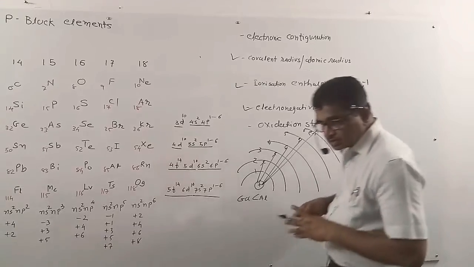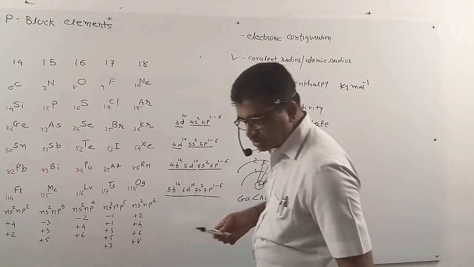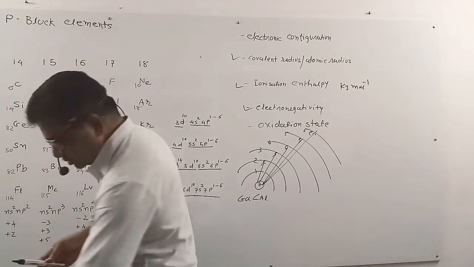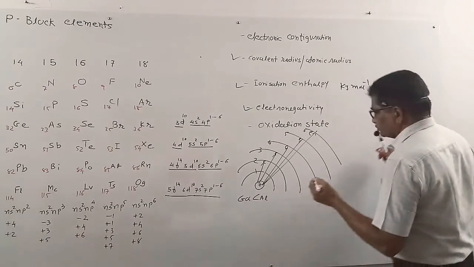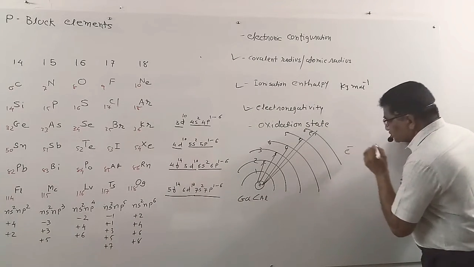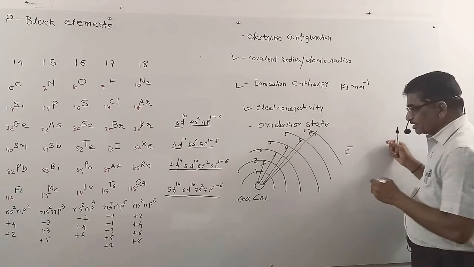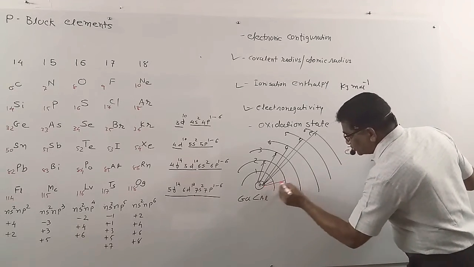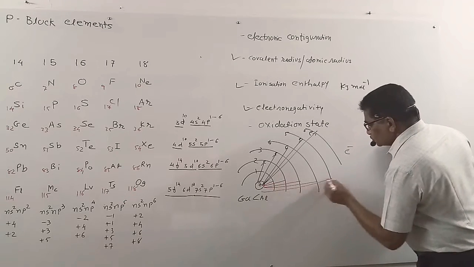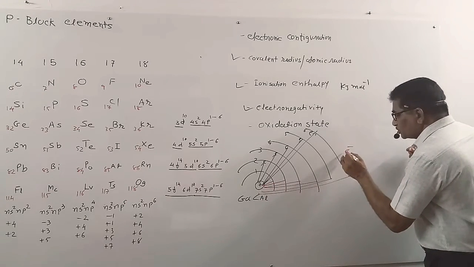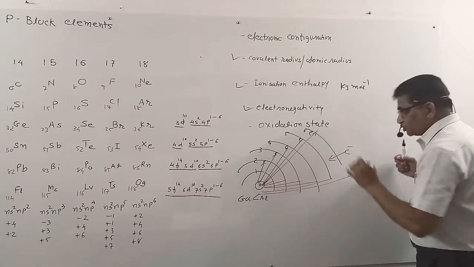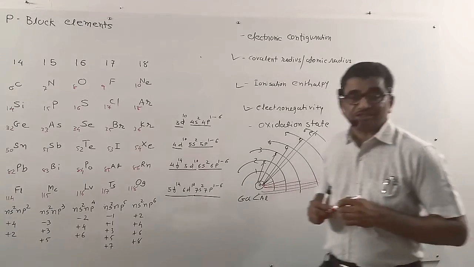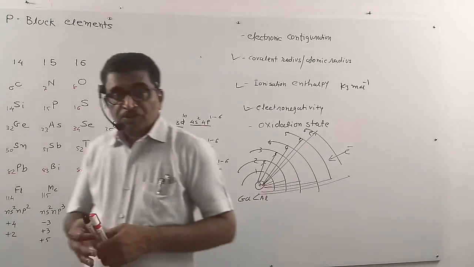So we know that when the distance between the nucleus and another atom's electron increases, the attraction toward the nucleus will be decreased. So what happens?